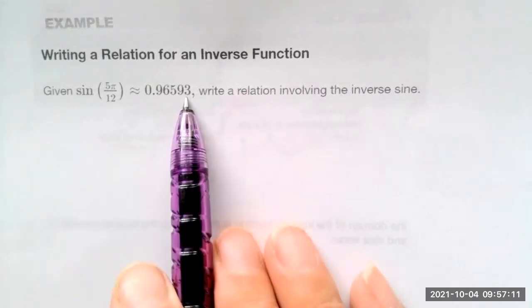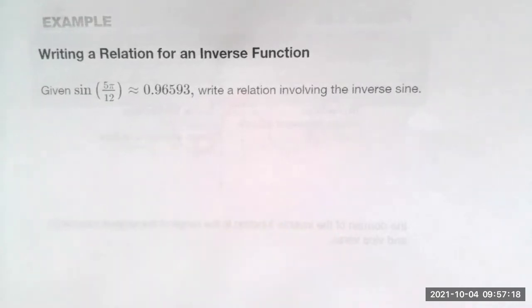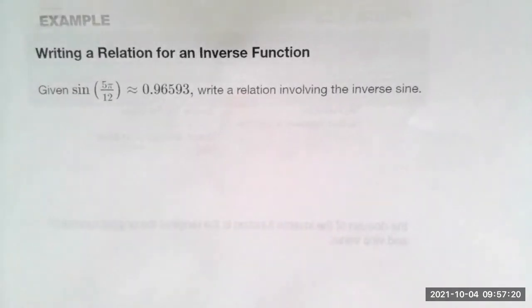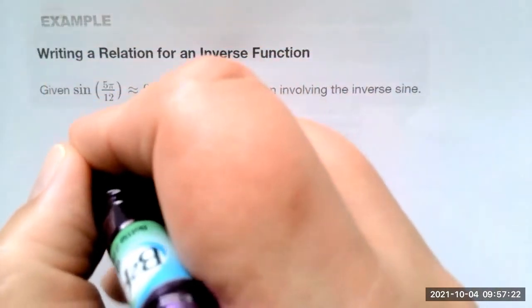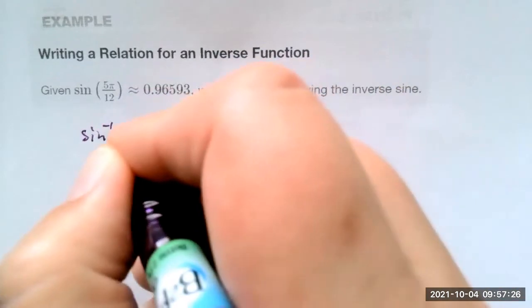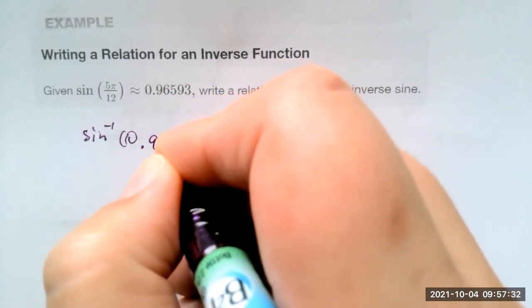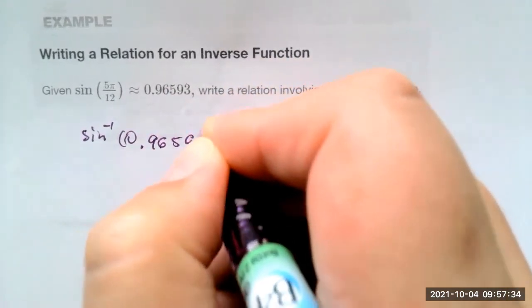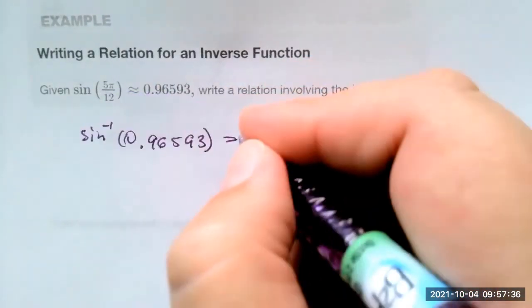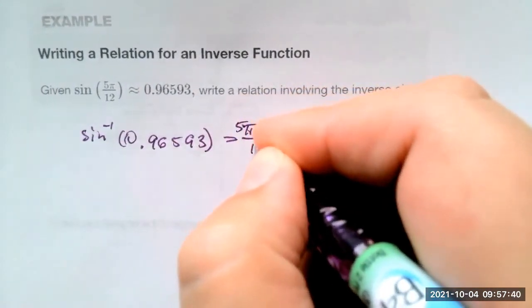They just want us to rewrite this expression so that it says the same thing, only using the arc sine or inverse sine. This is a sine value, and if we invert 0.96593, we're going to get our angle, 5 pi over 12.